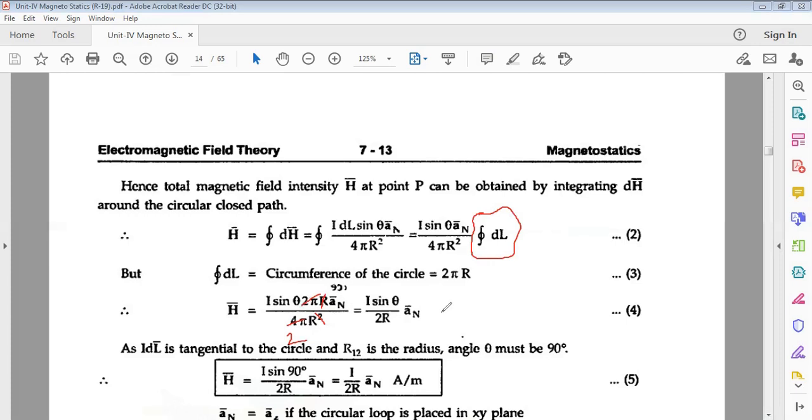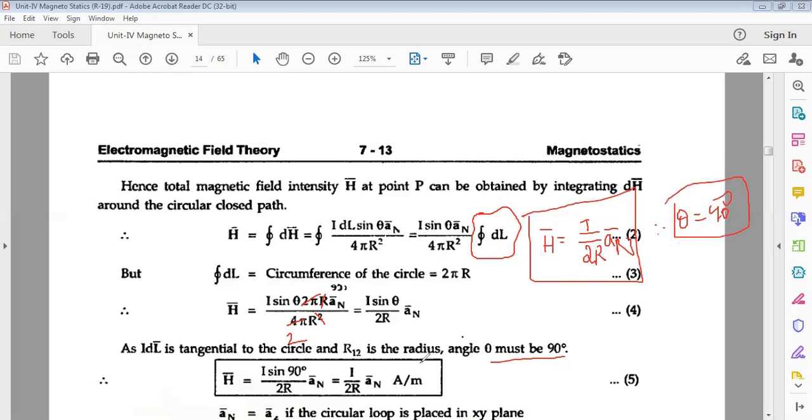Okay, my dear students. Since dl bar is tangential to the circle with radius r, the angle must be 90 degrees. So sine 90 is 1, and H bar is equal to I by 2r a n bar. That is the magnetic field intensity due to the circular loop, since theta is 90 degrees; actually it is I sine theta by 2r.